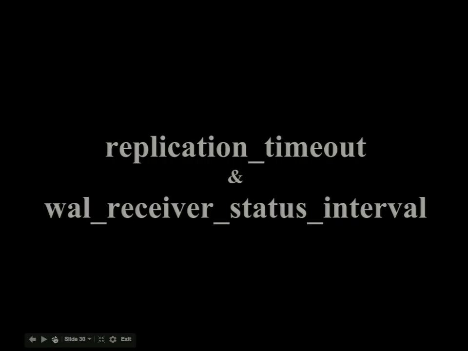Except for the corner case when Phil, overnight in the UK, sets up a brand new cluster, and I go to check it and make sure everything is cool, and I see that the master's there and the slave's there, but they're not talking. And I'm like, he told me he did this. What's going on? Turns out, in the odd corner case, where I don't know why, you have set your WAL receiver status interval to a non-standard value, standard is 10 seconds.